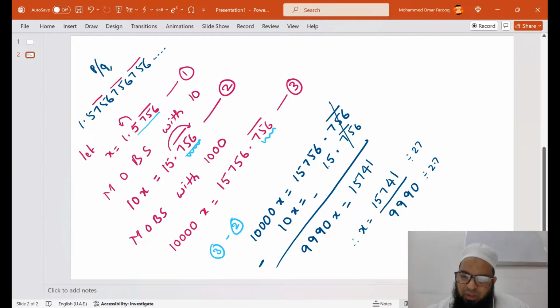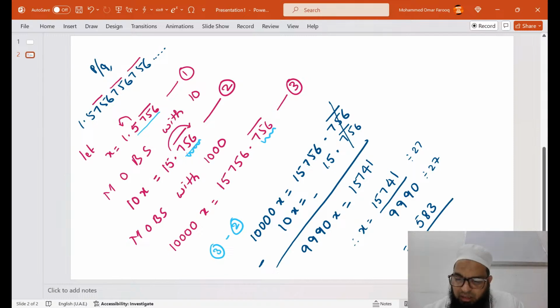Okay, let us divide with 27. So you can calculate. Let me calculate it fast using a calculator. In examination, you have to do it on your own. So in the numerator, you get 583, and in the denominator, let me check, my dear students, 9990 divided by 27.